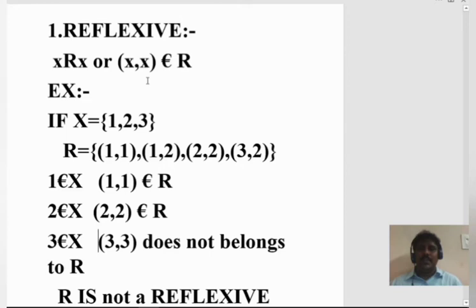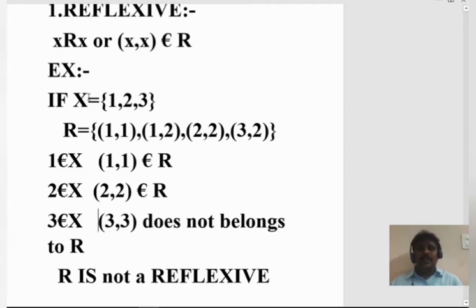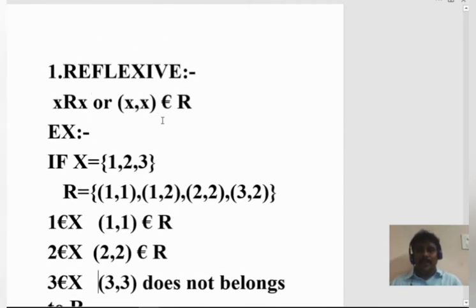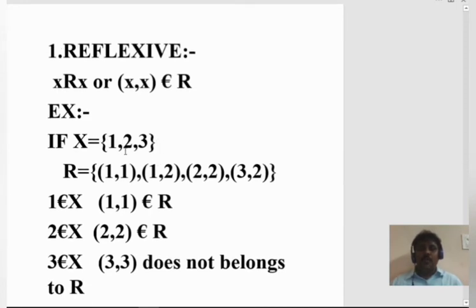Here we have three elements 1, 2, 3. Now (1,1) must be there, (2,2) must be there, (3,3) must be there. If they are, then it is reflexive. Otherwise it is not reflexive.